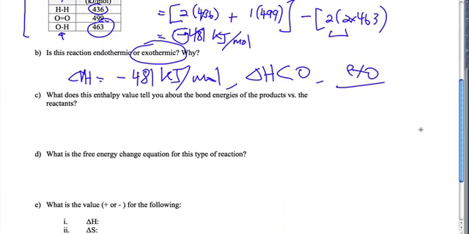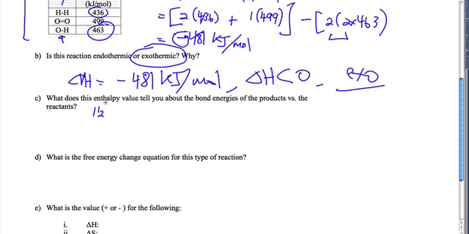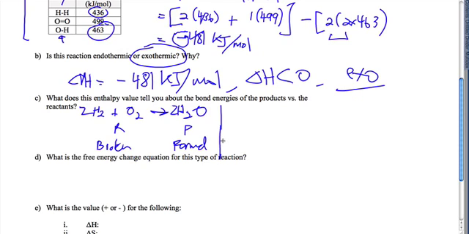What does the enthalpy value tell you about the bond energy of the products versus the reactants? Okay, so I want you to remember that when you had this reaction right here, H2 plus O2 goes to H2O, these are the reactants, these are the products, these are broken, these are formed. So if you go back to the notes that I gave you on this, you might remember that if the energy that is formed is greater than that which is broken, it's negative.